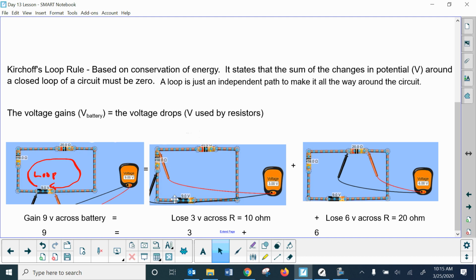So it has 9 to start, and then it loses 3 across the 10, and then it has to lose the rest across this 20 up here, and that would be 6. So 3 plus 6 equals 9, and that's basically it. As you go around the loop, you have to get back to 0. That's the idea. If I gain 9, I lose 3, I lose 6, and that works out mathematically according to Ohm's law still.